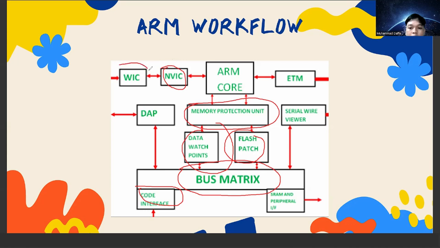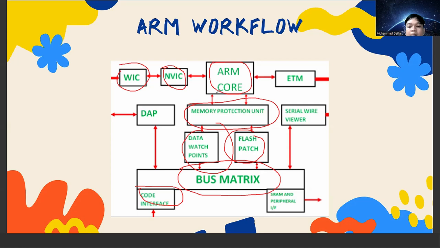And WIC, or Wake-up Interrupt Controller, allows the ARM core to enter a power saving mode and then wake up the system when an important interrupt occurs. Then instructions or data will be processed by the ARM core.